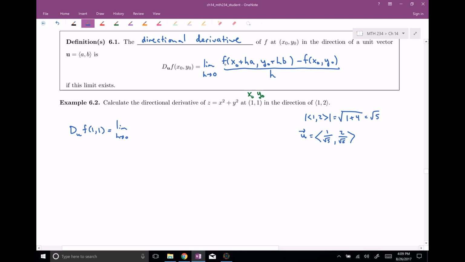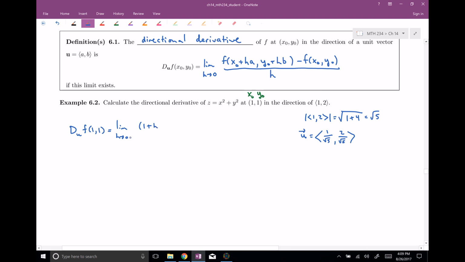So we have the function at 1, comma. All right, so this is a lot here. So our function is x squared plus y squared. So we're going to go ahead and take the x component and we're going to square it. So our x component here, well, that's x sub 0, 1, plus h. So that's just a variable.